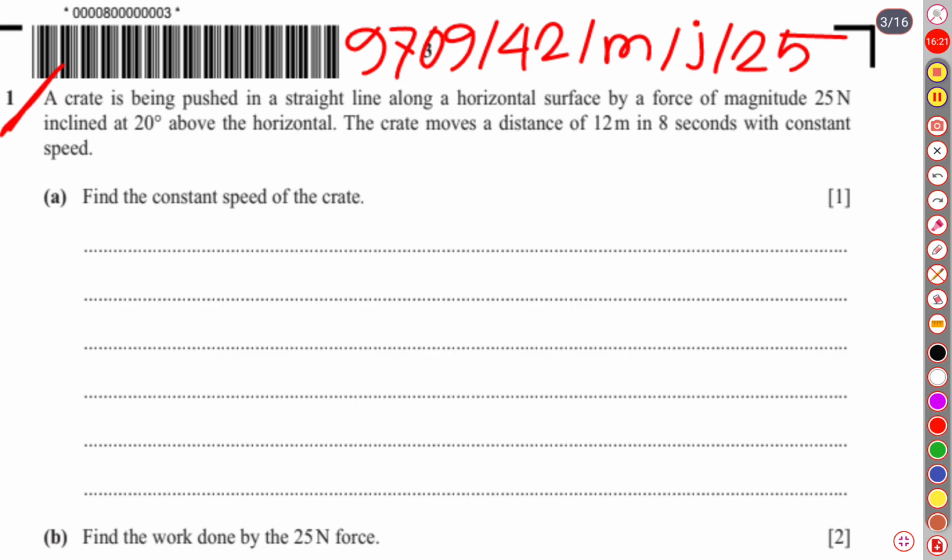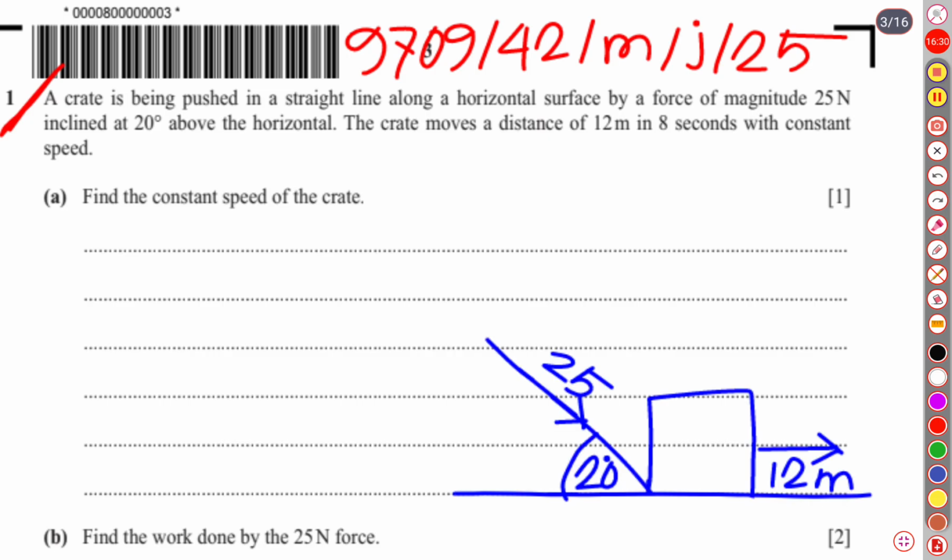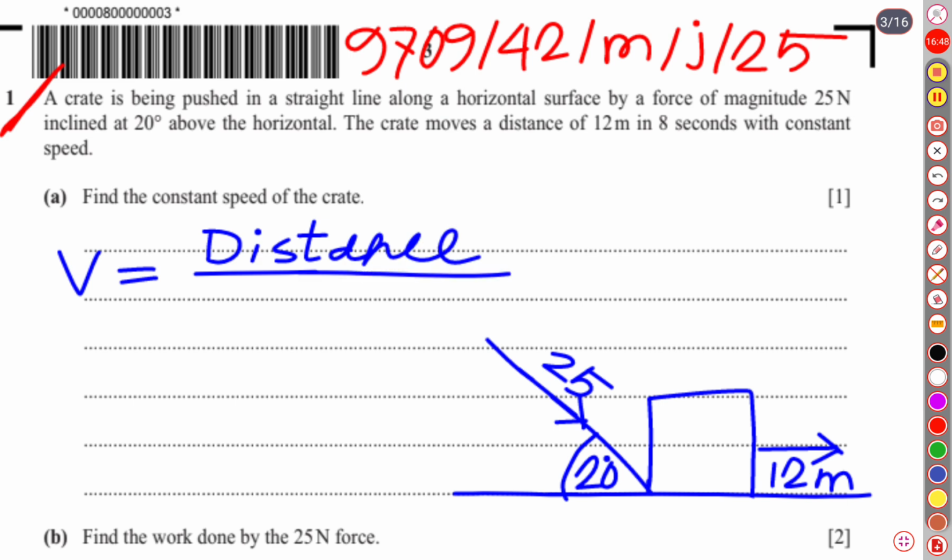So let us draw a diagram of the system. This is the horizontal surface, so this can be the diagram of the system. Then they have told us to find the velocity, speed. So we know velocity is equal to distance divided by time.